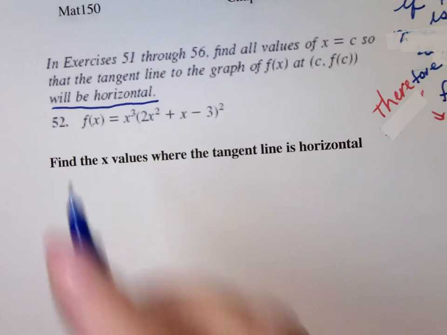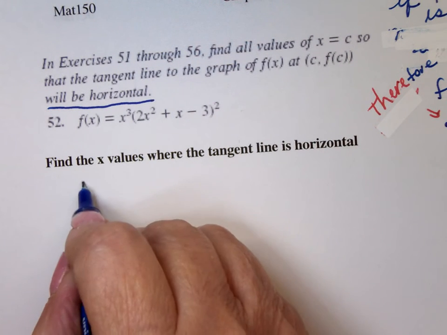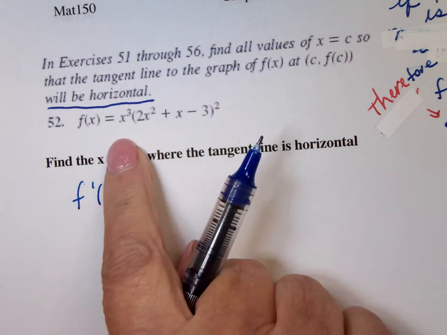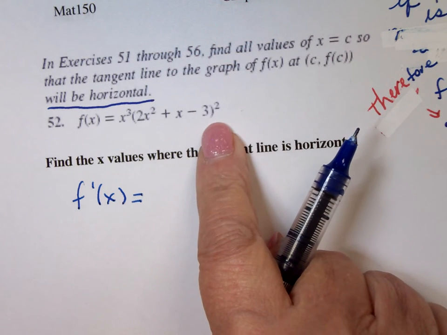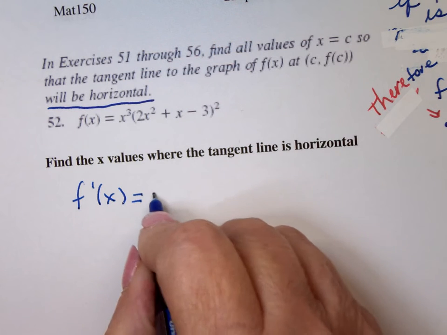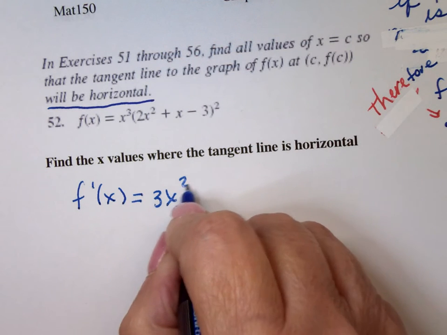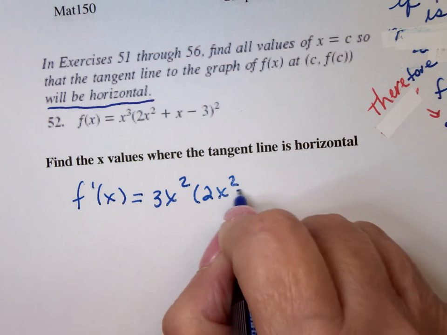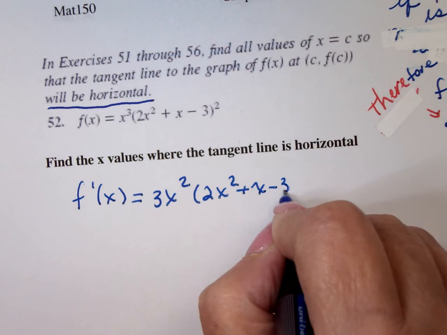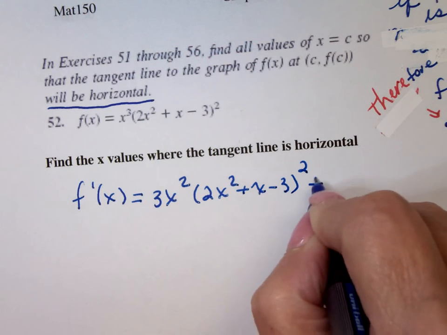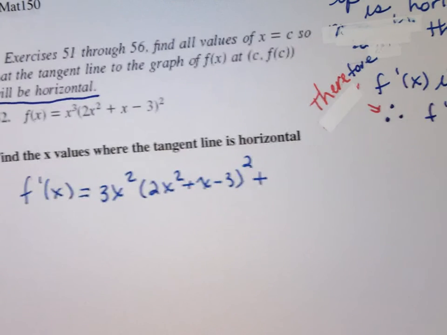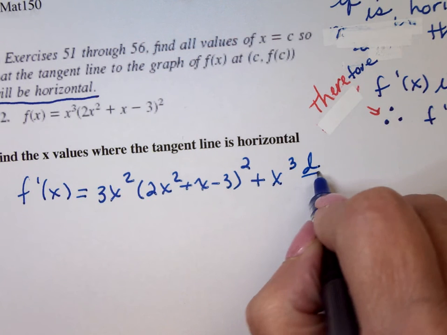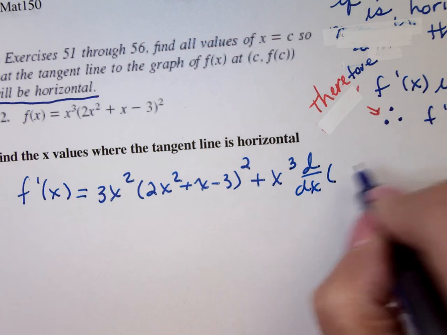So what I need is f prime. This is product rule coupled with chain rule. So it's the derivative of the first, that's just power rule, times the second, plus the first times the derivative of the second.